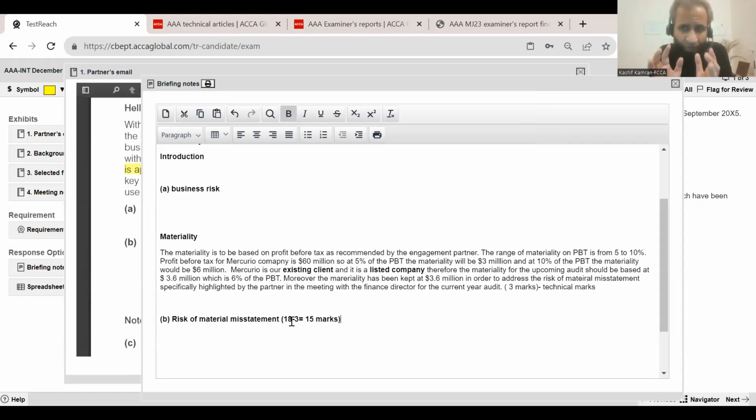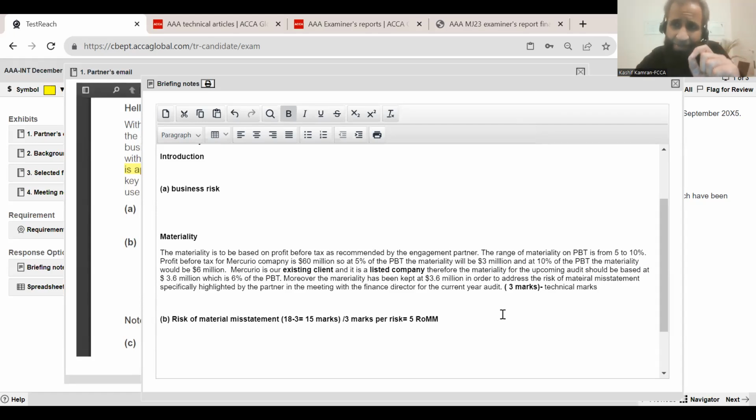I will be telling you the marking scheme on day 4. The marking scheme for each audit risk and each risk of material misstatement is now 3 marks. So if you divide 15 by 3 marks per risk, ideally you're writing 5 risks of material misstatement and wrapping up your answer, because 3 marks have already been taken for materiality. So that is the 3 technical marks gone above. That's how things have changed since the September 22 exam.